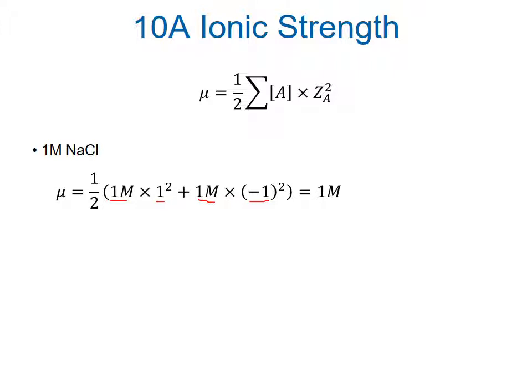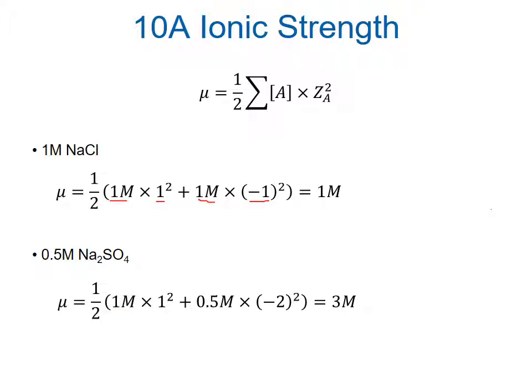It's a little bit more complicated if we generate a solution of 0.5 molar sodium sulfate, because now when we look at the sodium, it is actually going to be twice as concentrated. So now instead of 0.5 molar sodium, we actually have 1 molar sodium. There's 2 sodiums for every sulfate, and the charge is 1, so that's squared.